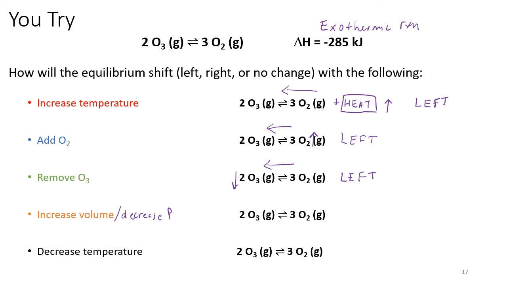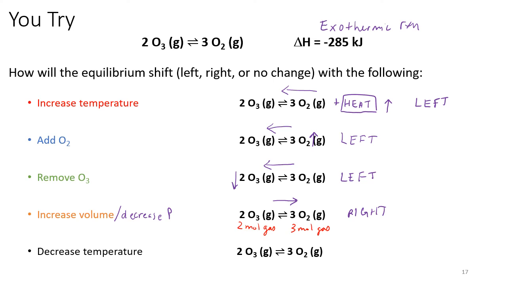On our reactant side, we have 2O3, so 2 moles of ozone, and they're gaseous. And on the right-hand side, we have 3O2, so 3 moles of oxygen gas. And at a decreased pressure or increased volume, we'll end up shifting towards the side with the greater number of moles, which in this case is the product side. So we'll shift to the right.